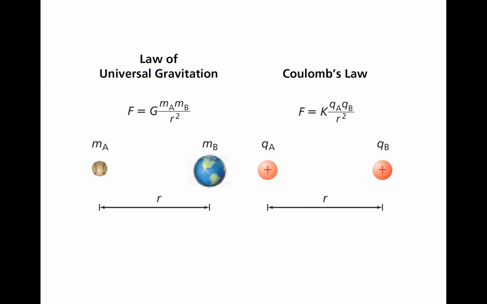So think about a proton and an electron. If you've got a proton right here, and here's the electron that's orbiting around it, they both have mass, and therefore they should be attracted due to gravity, and they are, but you don't have to worry about it.